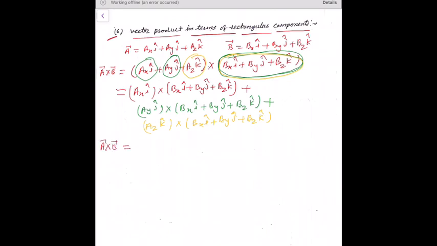A cross b vector is equal to ax bx, so I cap cross I cap, plus ax I cap cross by j cap.